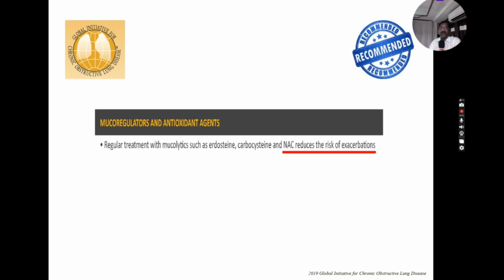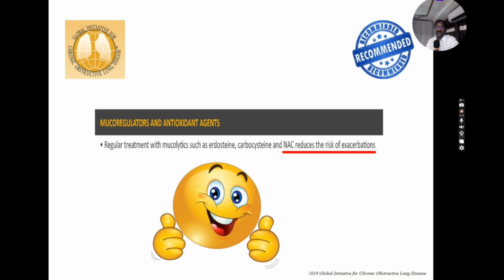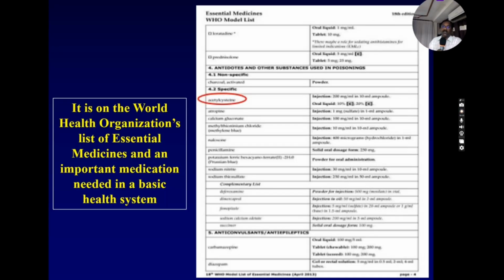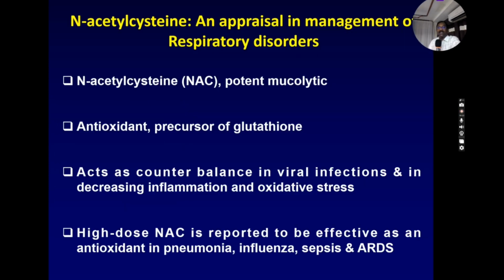So now coming to the mucoregulators and antioxidant agents, NAC reduces the risk of exacerbations. If you see the WHO's list of essential medicines, N-acetylcysteine, your NAC, is also one of the important essential medicines to be used in a basic health system. N-acetylcysteine, otherwise called NAC, is an appraisal in the management of respiratory disorders.